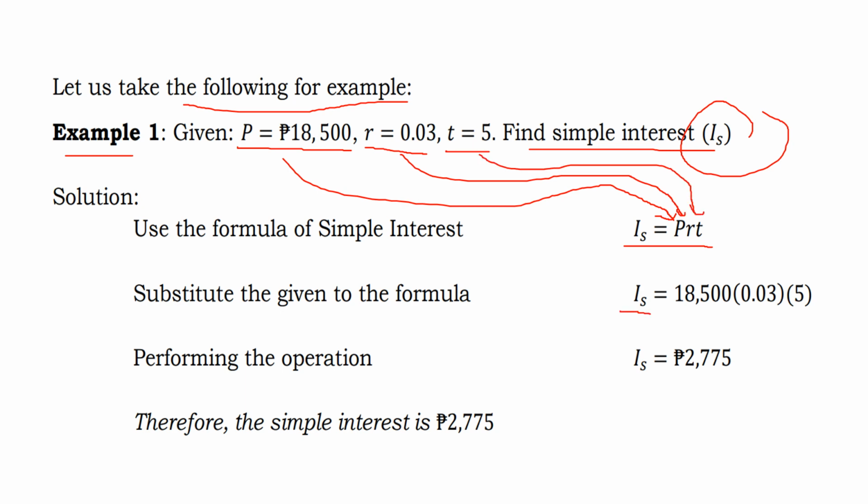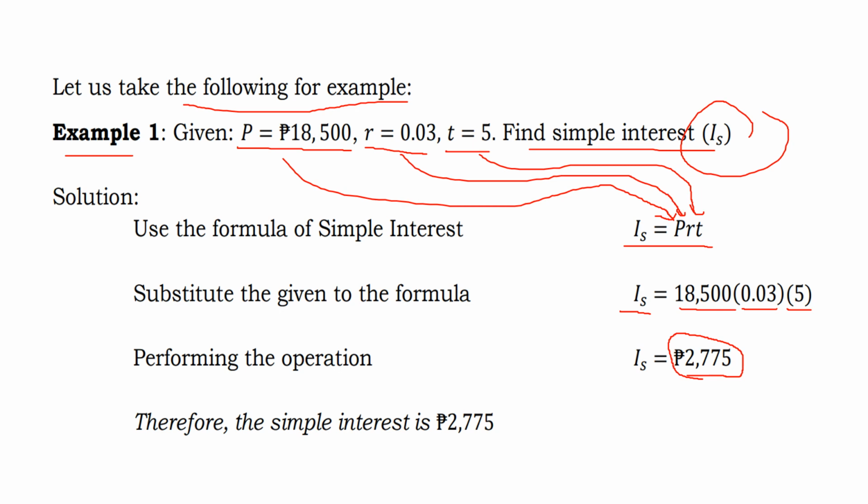Your I sub S now is equal to 18,500 multiplied by 0.03 multiplied by 5. So using your calculator, we simplify this, and by performing the operation, the resulting value now is 2,775 pesos.